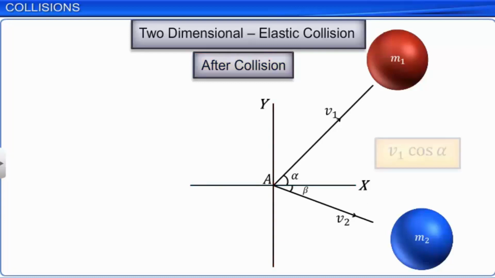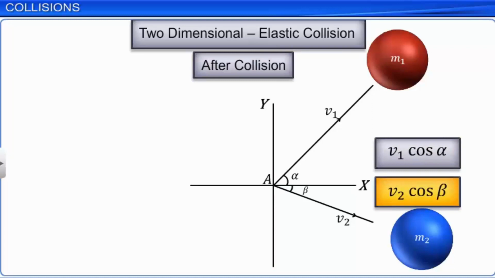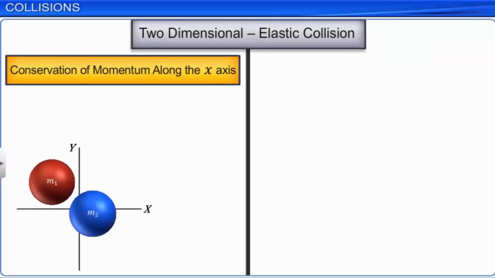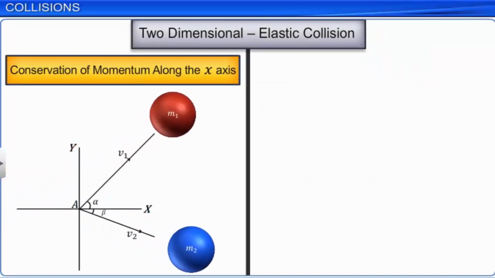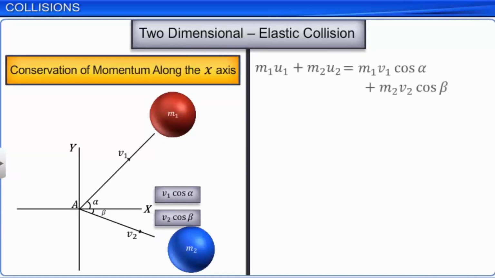v1 cos alpha and v2 cos beta are the components of v1 and v2 respectively along the x-axis. Hence, according to the law of conservation of momentum applied along the x-axis, we get m1u1 plus m2u2 is equal to m1v1 cos alpha plus m2v2 cos beta.